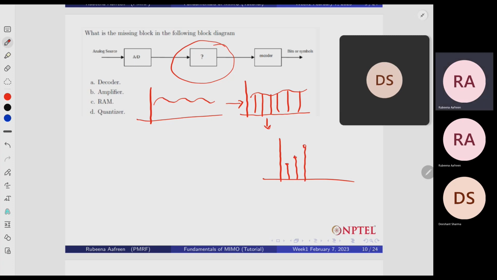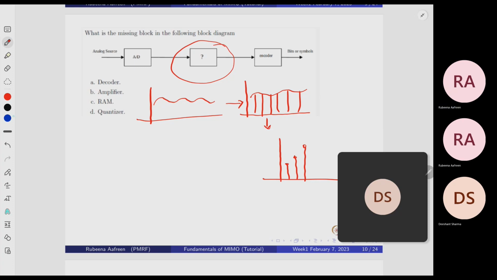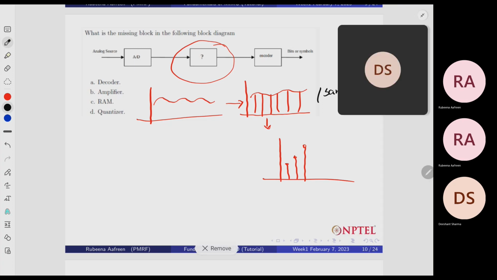So this is the sampling step. After sampling, we are getting these symbols. Now, what we have to do is to quantize.